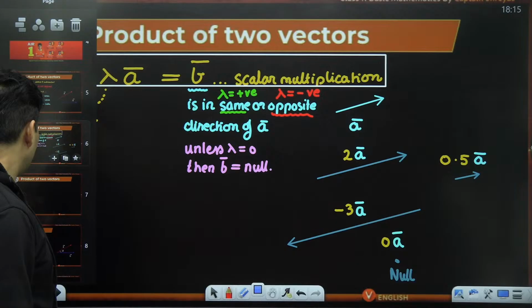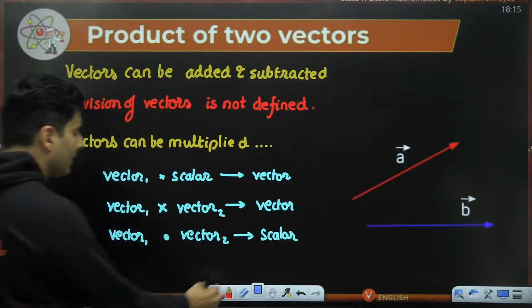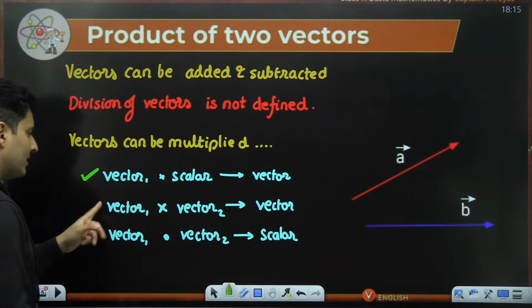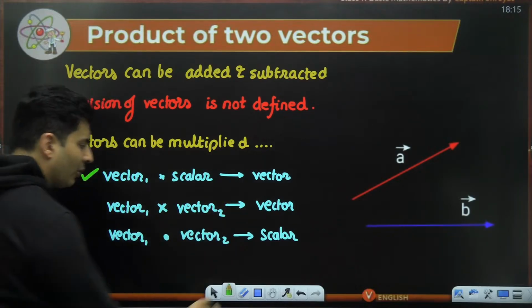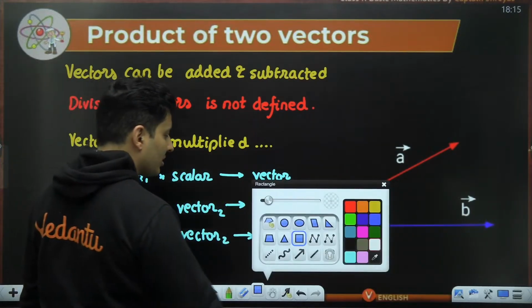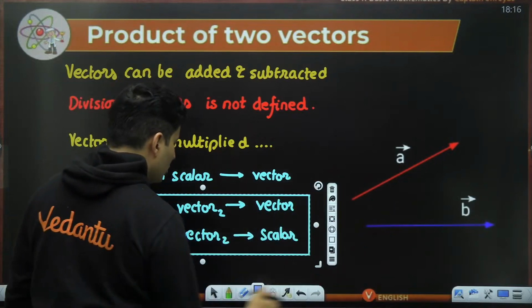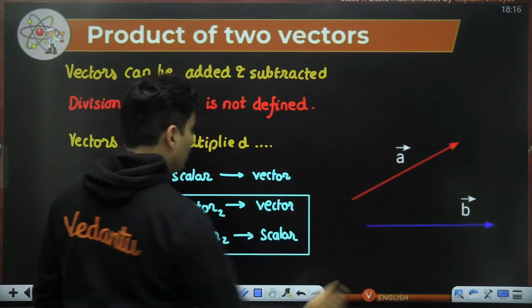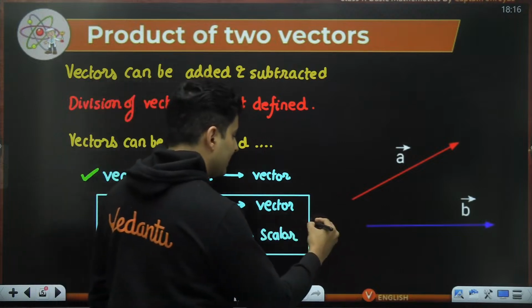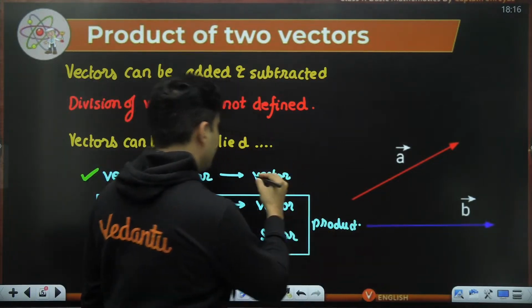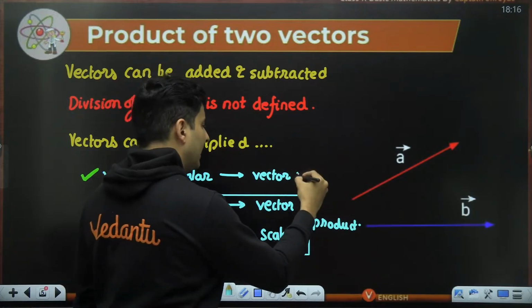Now that we are clear about what this is, let's talk about these two. Now, whenever these two are being spoken about, please remember one thing. These two are usually called products. These are vector and scalar products, whereas this is called vector multiplication.